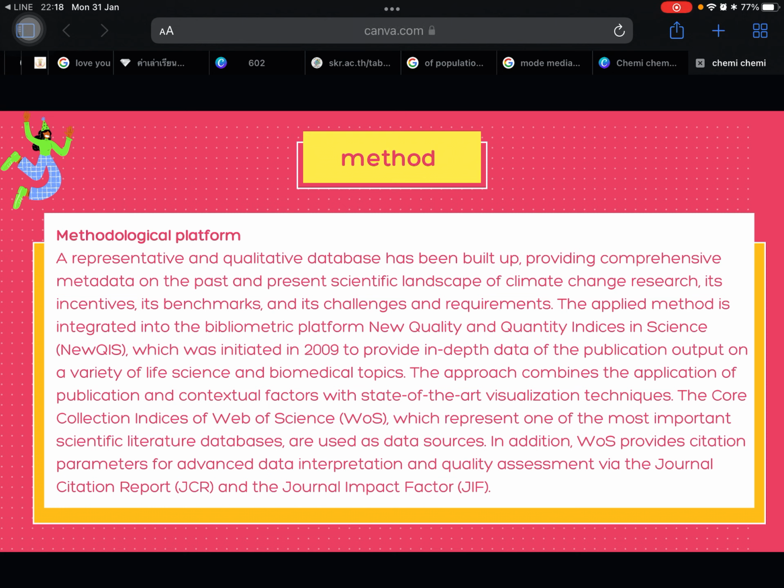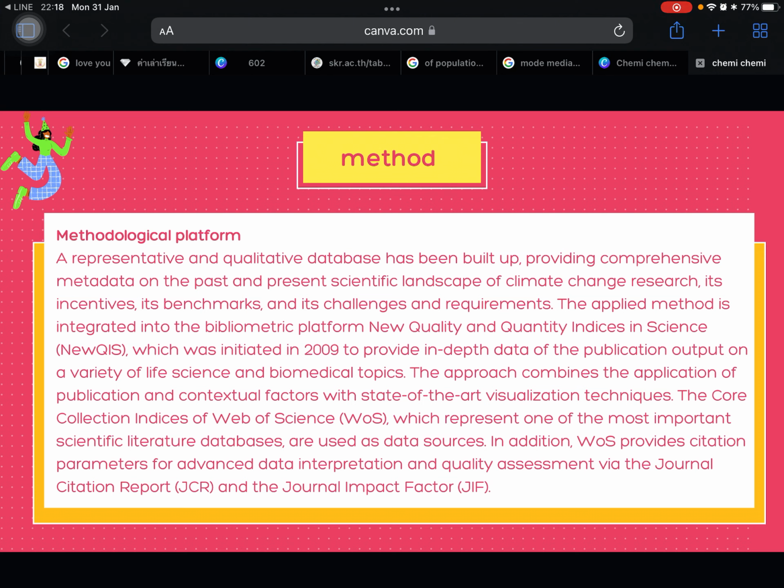Method: a representative and qualitative database has been built up, providing comprehensive metadata on the past and present scientific landscape of climate change research, its incentives, its benchmarks, and its challenges and requirements.